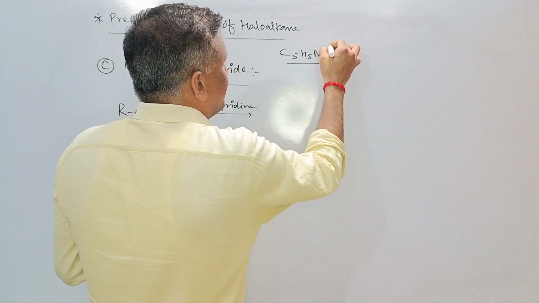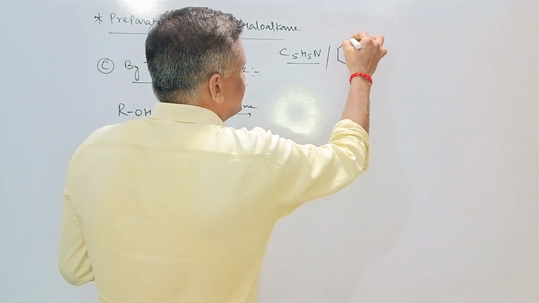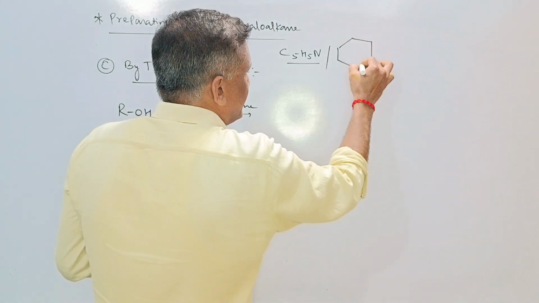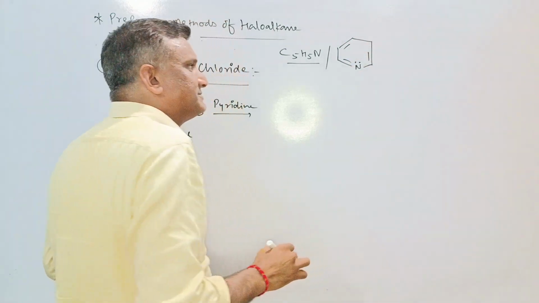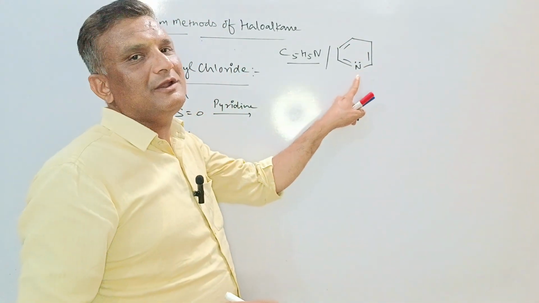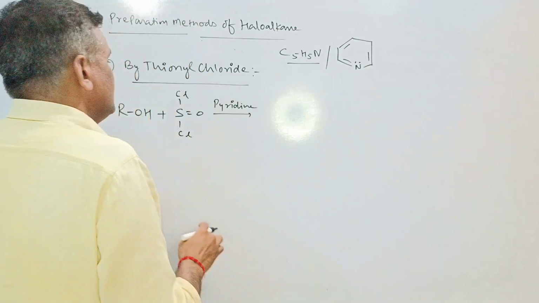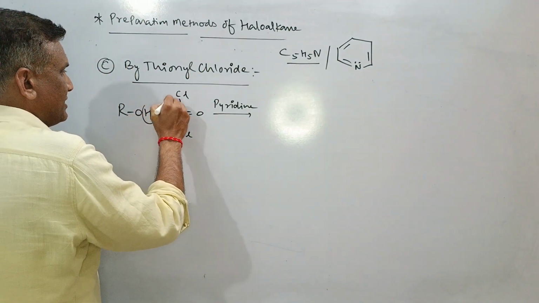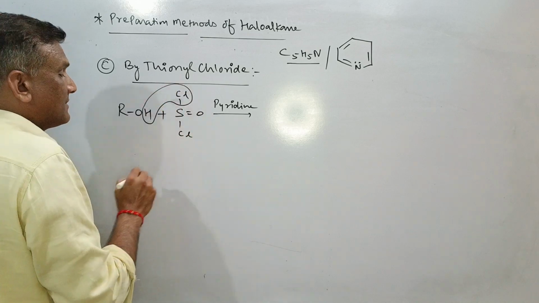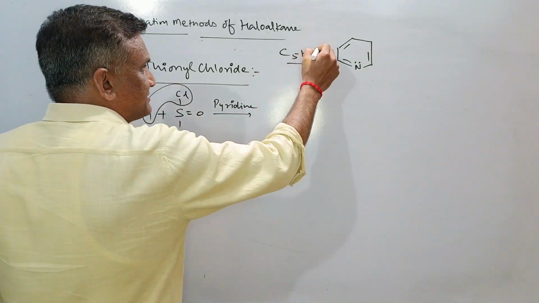It's a heterocyclic compound. This is the N, and we have discussed in coordination chemistry that it acts as a neutral monodentate ligand also. This pyridine is used to absorb the HCl because it's a Lewis base.